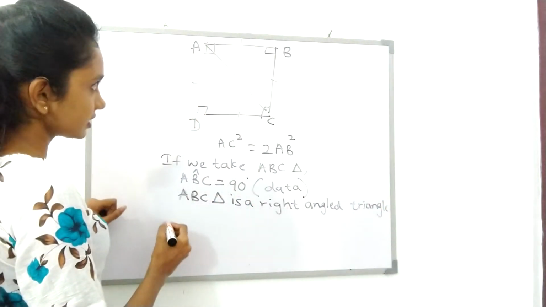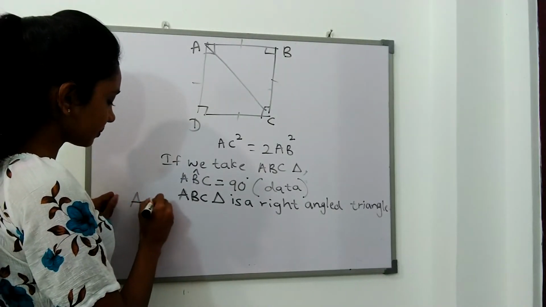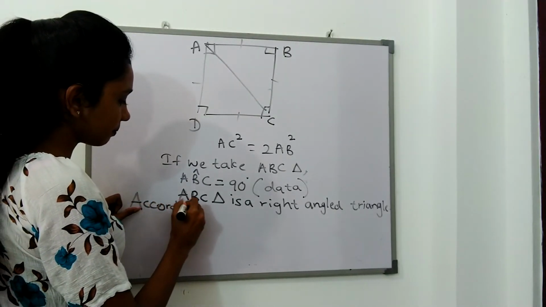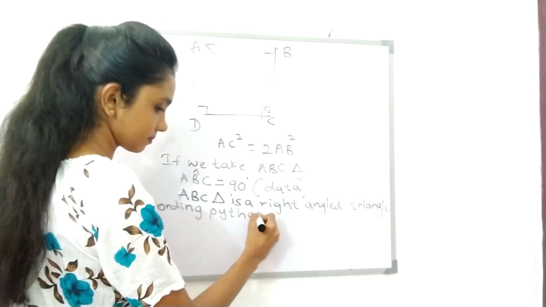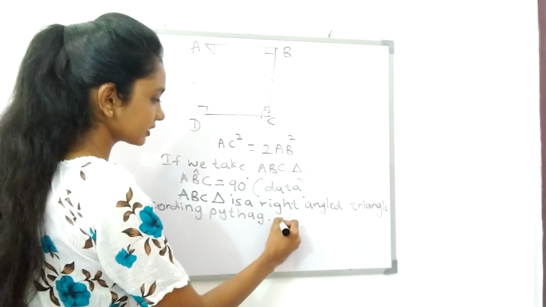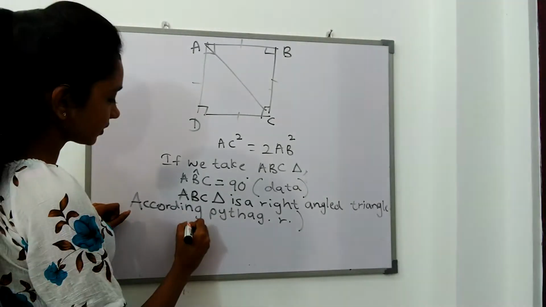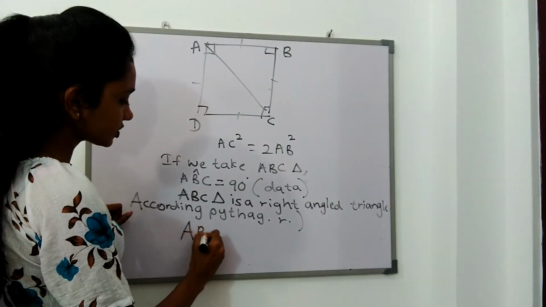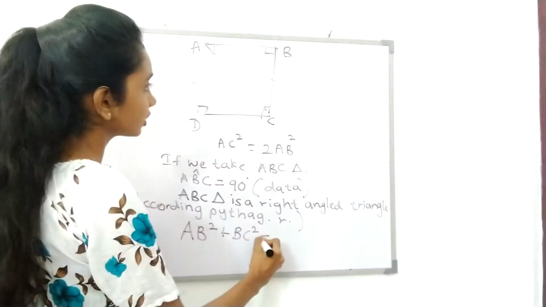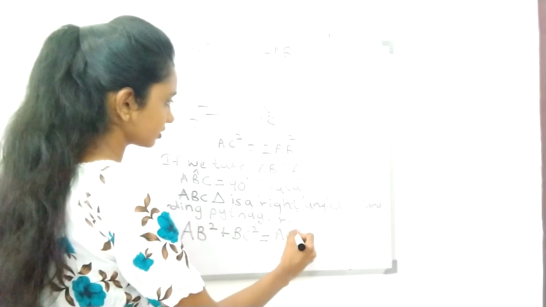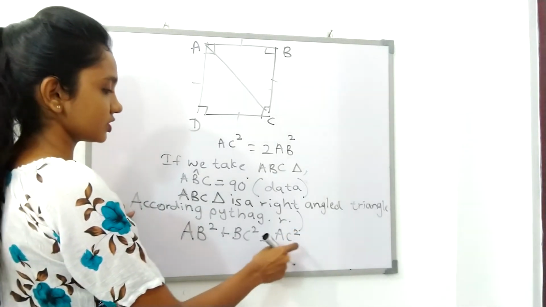Then we can apply the Pythagoras relation and write AB squared plus BC squared equal to AC squared.